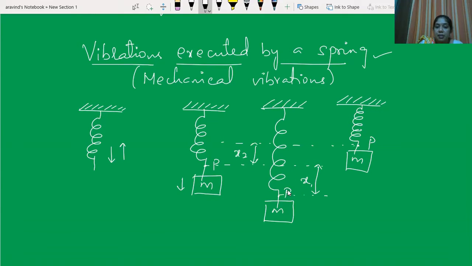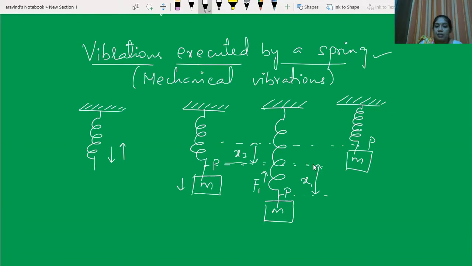Because there is expansion, there is also a restoring force. That restoring force tries to bring the spring to its equilibrium position at this point. So in the case of x1, what is the direction of restoring force? F1, upwards. So the restoring force is pushing the spring back to its equilibrium position.